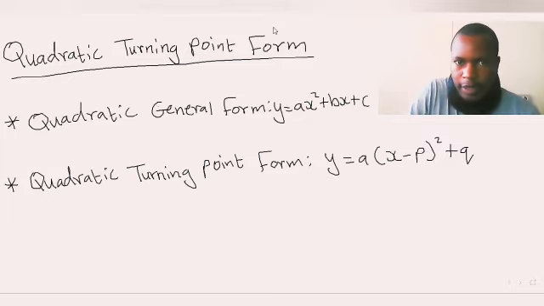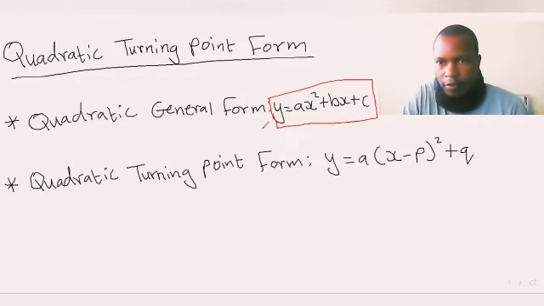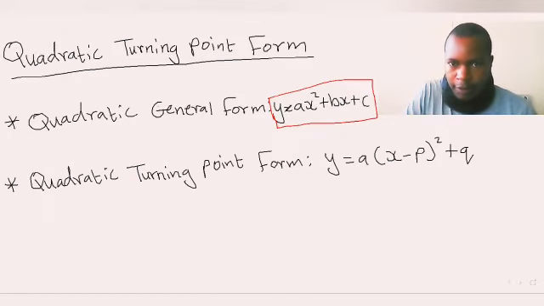So remember that the general form, which I will highlight just now, is the form that we are all used to. So now the general form can be converted to the quadratic turning point form. So we'll go through that a bit later on.